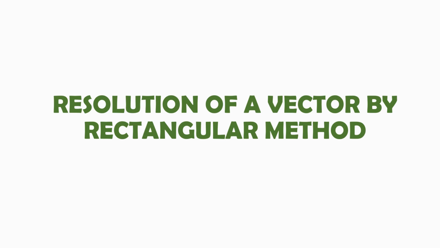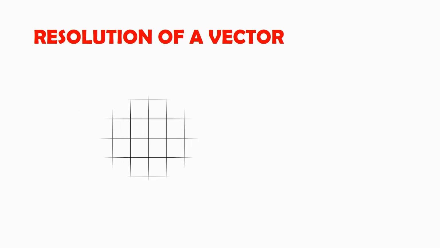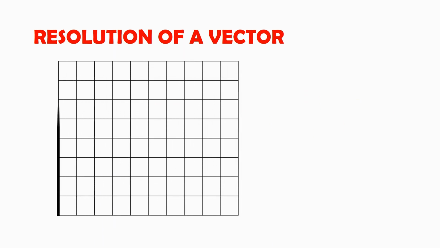To do that, use a graph, draw the axis, y and x-axis, and then draw a vector. We all know that the vector is drawn here. Now what is required to be done?